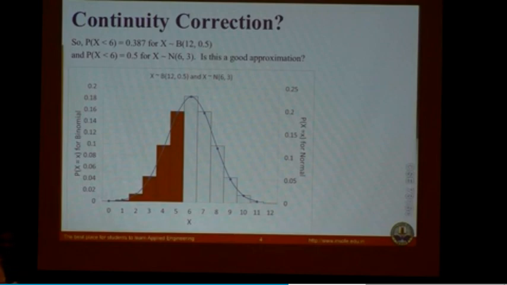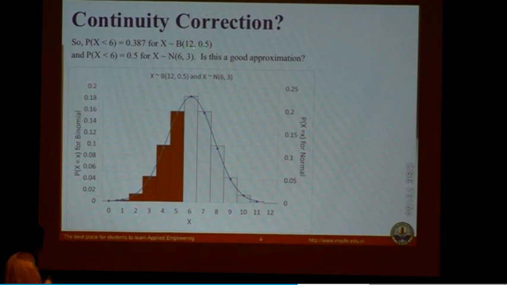So what exactly should I be writing as the distribution of x? The random variable x is distributed as binomial 12, 0.5.